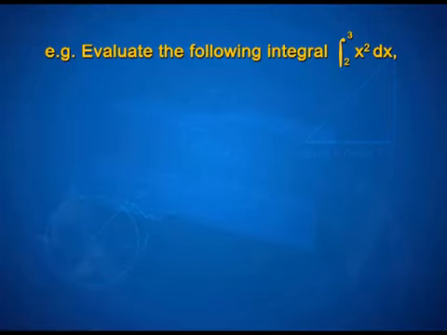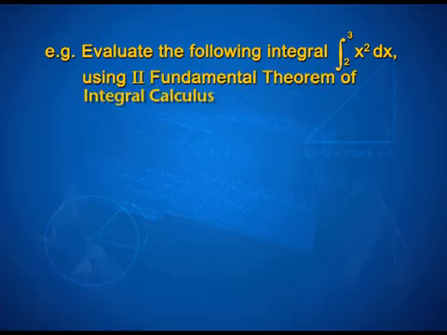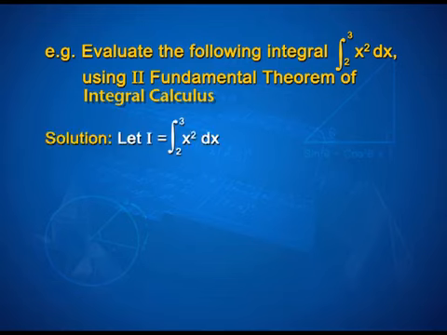Now, let us solve some examples using the fundamental theorem of integral calculus. Evaluate the following integral 2 to 3 x square dx using the second fundamental theorem of integral calculus. For the solution, let I be equal to integral 2 to 3 x square dx.